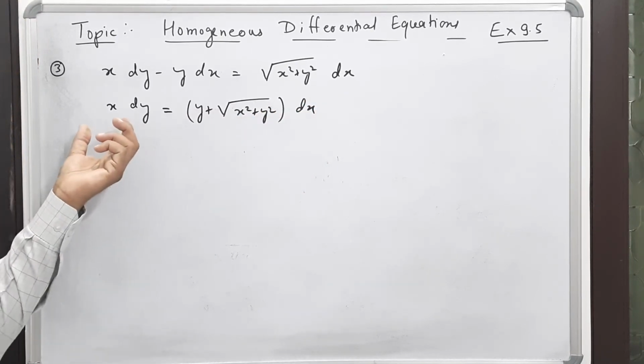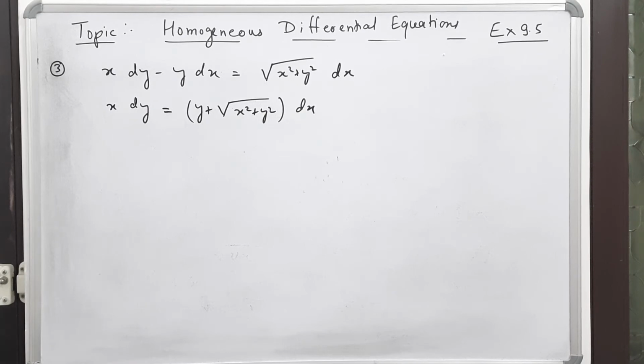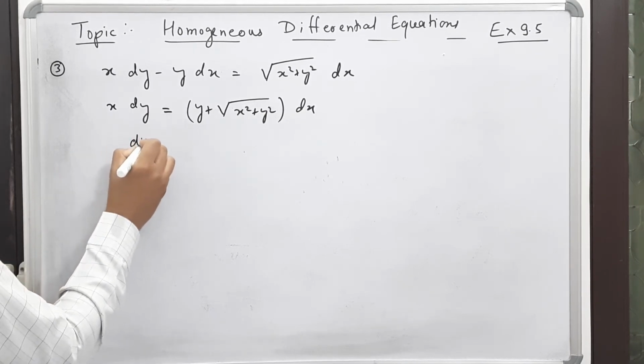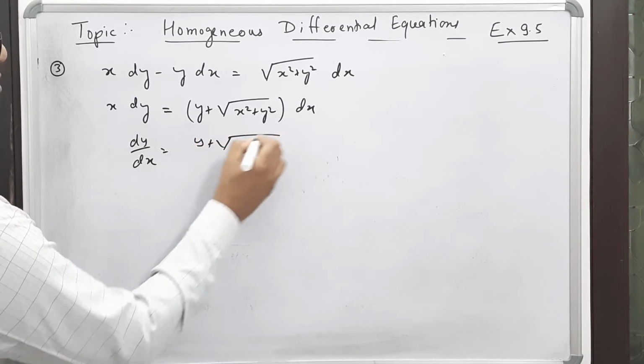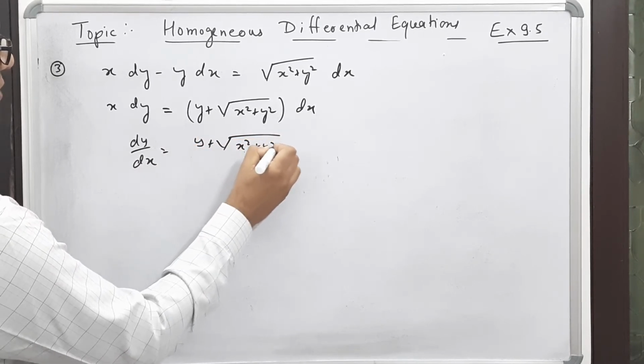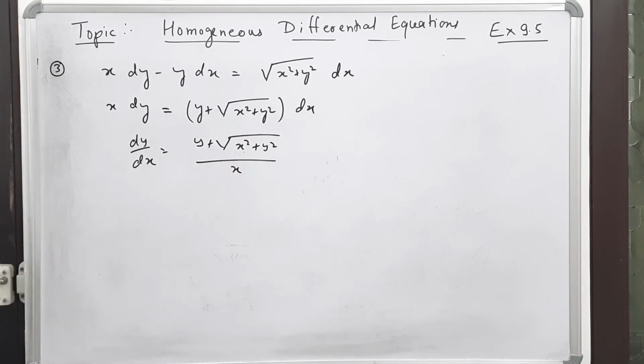All the terms which have dy on this side and dx on that side. And now we calculate dy by dx. So dy by dx will be y plus root x square plus y square upon x.